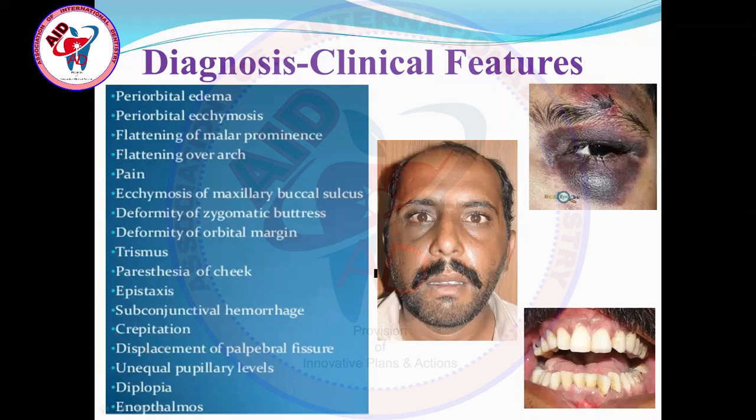Displacement of palpebral fissure: this palpebral fissure, especially from its lateral aspect, may get displaced due to downward displacement of the zygomatic bone, along with Whitnall's tubercle and suspensory ligament of Lockwood, and then this palpebral fissure may get displaced towards the downward side. Then unequal level of pupils, or pupillary level, due to downward displacement of zygomatic bone. We have also discussed that the globe will come down and both pupils will have different levels.